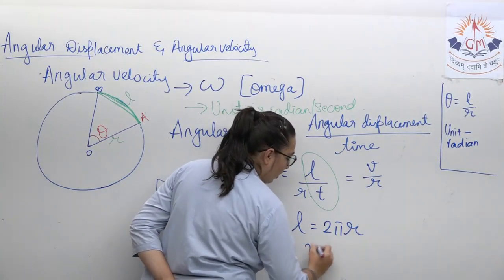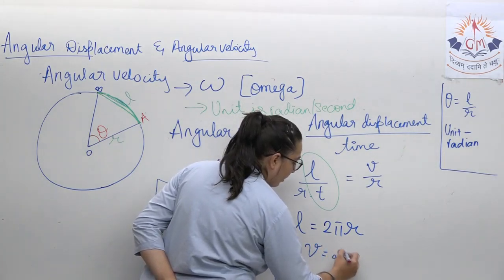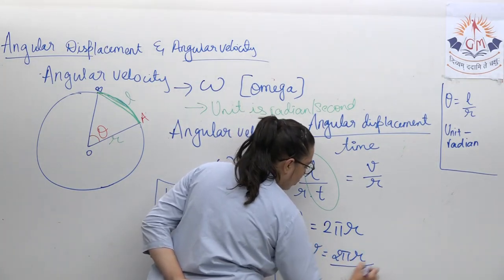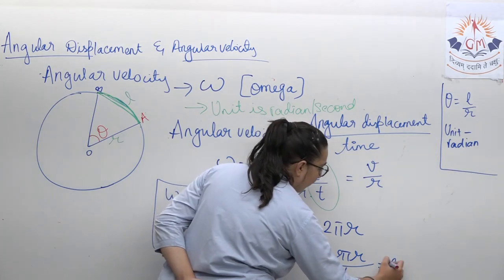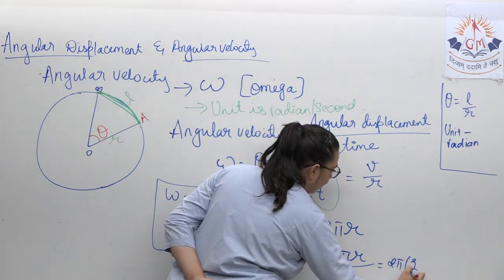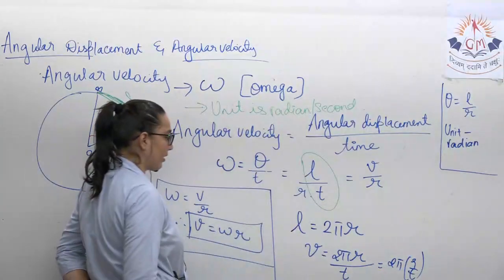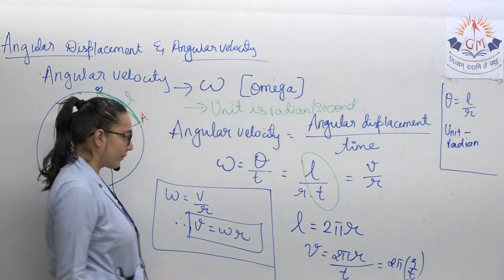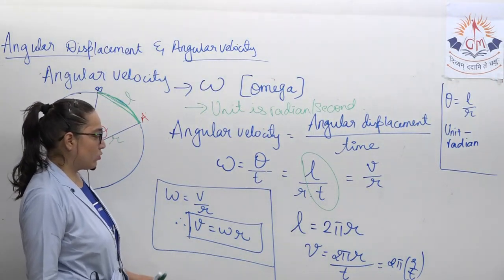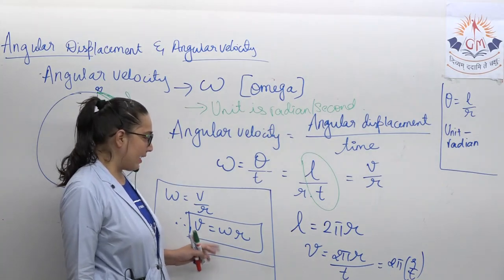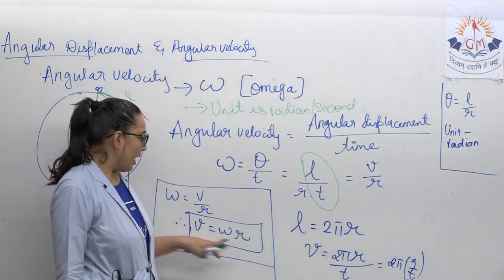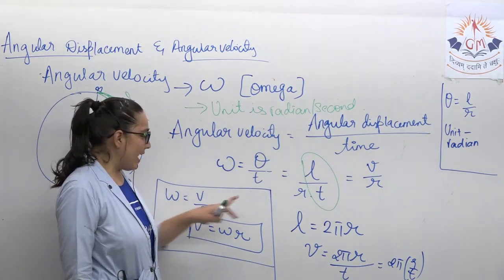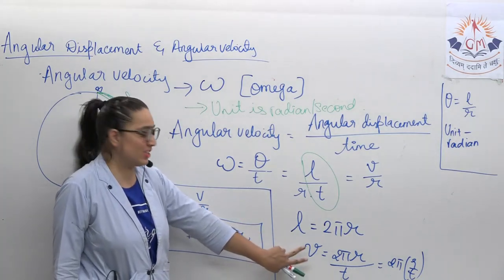And in that case, V equals L by T, that is 2 pi r by T. Okay? So now we can analyze how this V, R, L and omega are related by just this one equation.